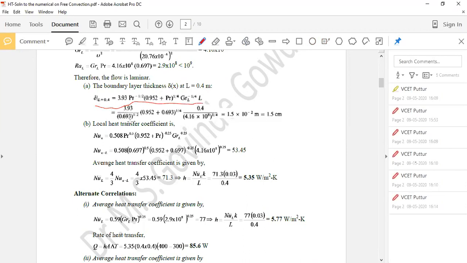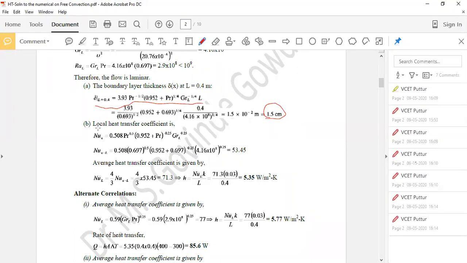And if you substitute to this correlation and delta at x is equal to 0.4, that means here x is equal to L because it has to calculate at the top edge, that is the trailing edge. So therefore, the value of delta is calculated to be 1.5 centimeter.